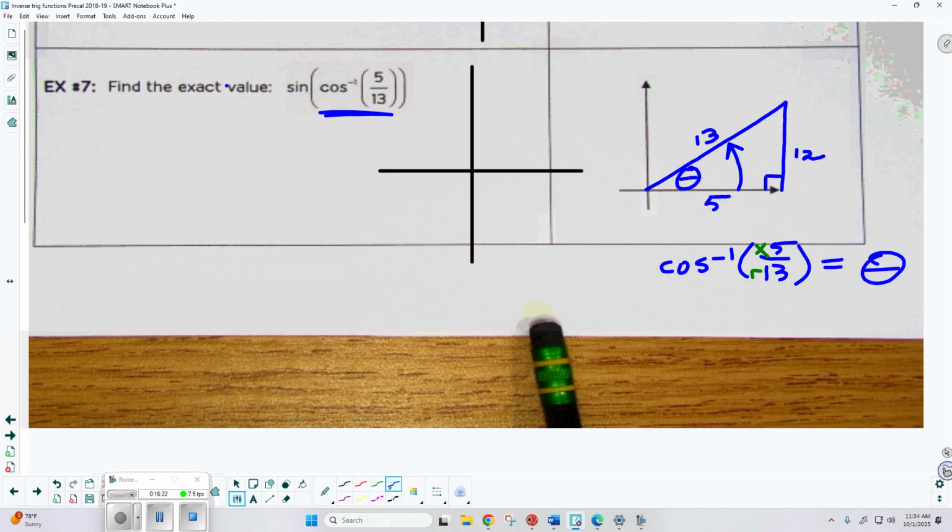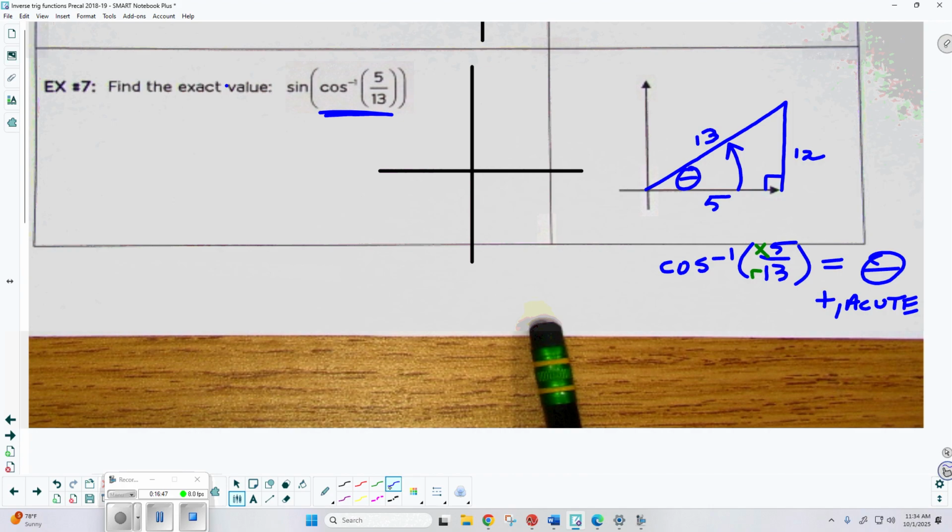Okay. But do we know anything about theta? Like being in quadrant 1, it's got to be what? It's definitely positive. And what type of angle would that be? Acute. It would have to be less than 90 degrees. That's absolutely right. Now, if I knew what that value was, to continue the problem, wouldn't I just plug it into the next function?